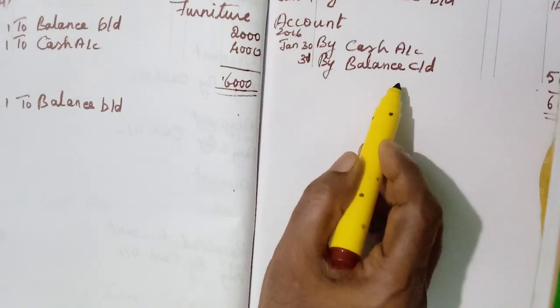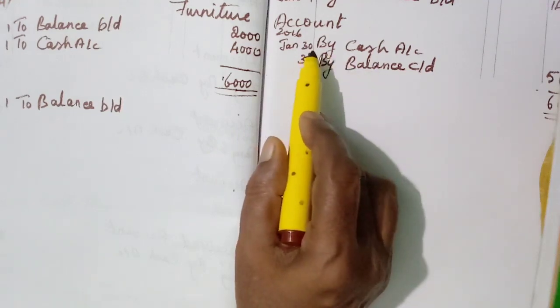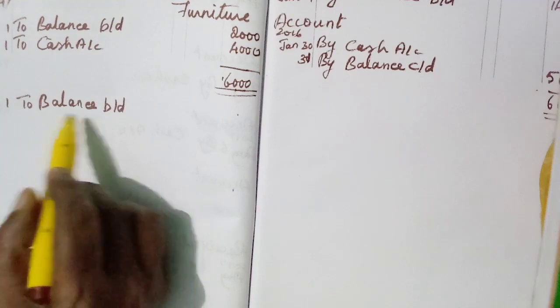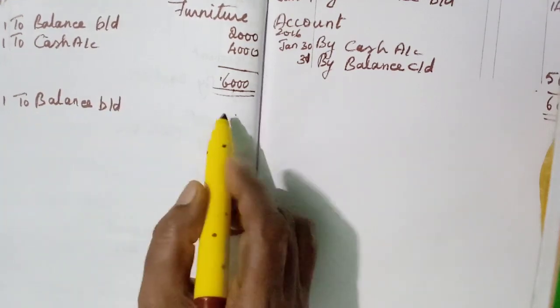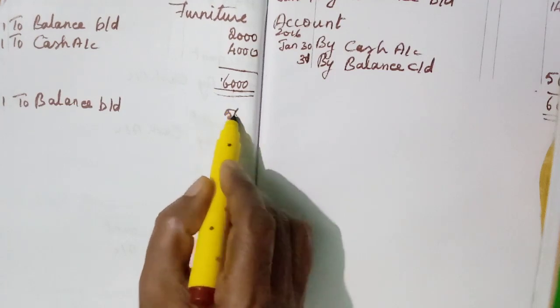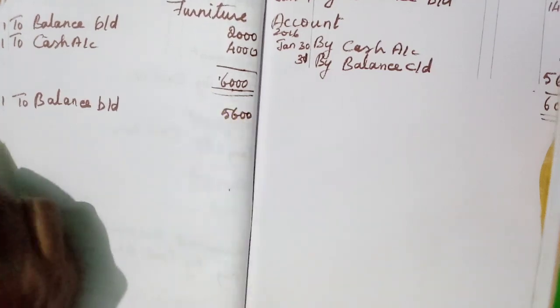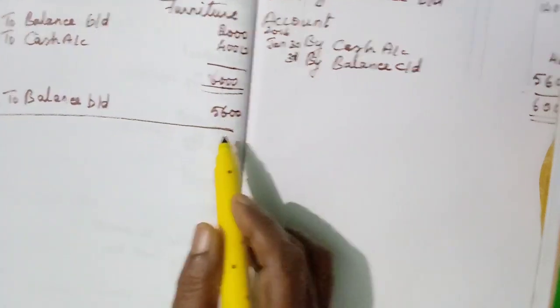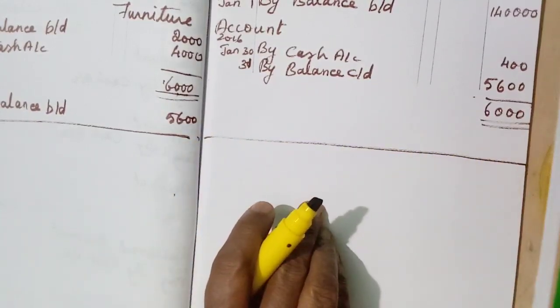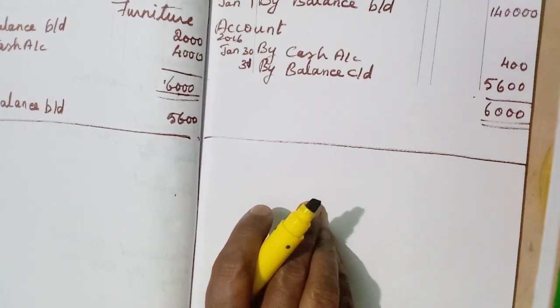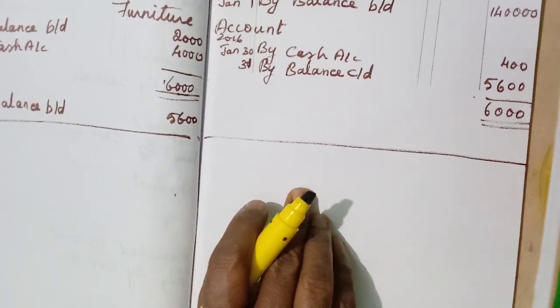Carry down means closing balance, January 31st. February 1, that is the opening balance. So, to balance brought down 5,600. Okay, this is one problem. Usually they will ask like this. Okay, any one account. So, I think by this today we can complete with this. Okay, 4 problems I have completed.